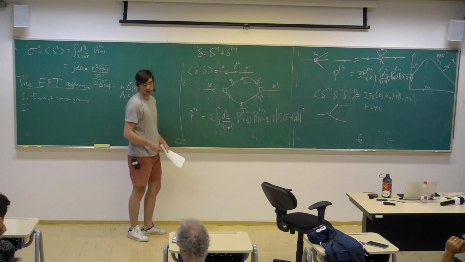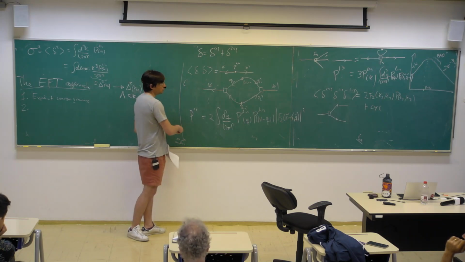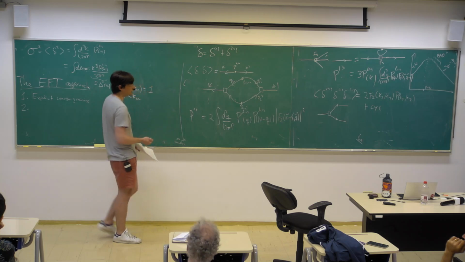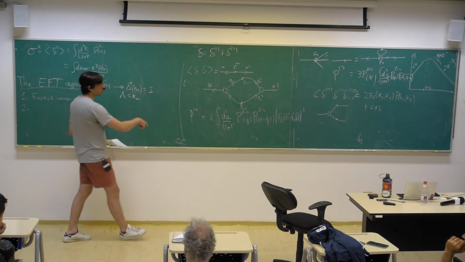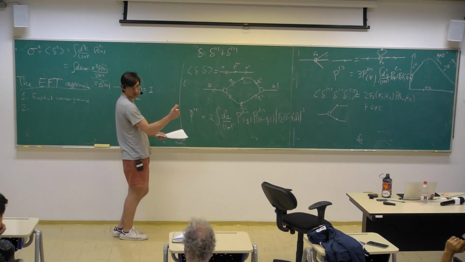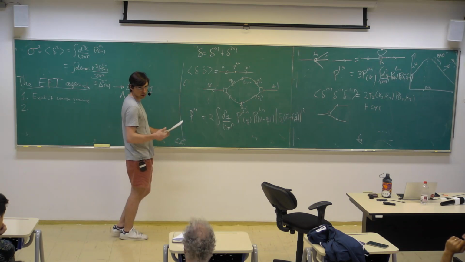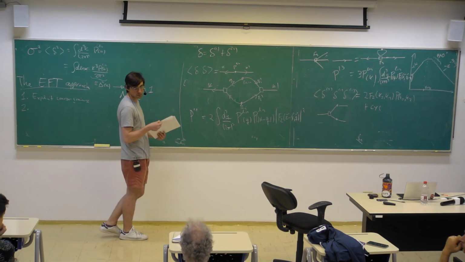I guess maybe it would have been nice to mention, so P22 has a divergence that goes as k to the fourth. So if you expand this kernel properly, you get something that looks like k to the fourth times some finite term. You said if P goes like 1 over k cubed, there's no divergence.